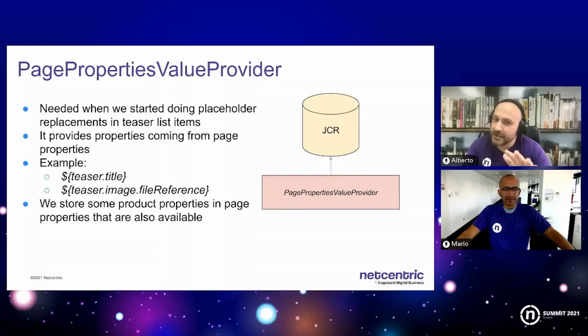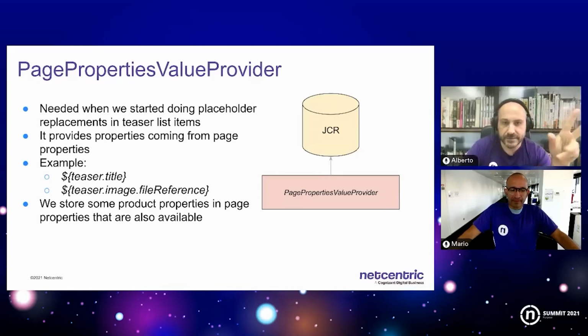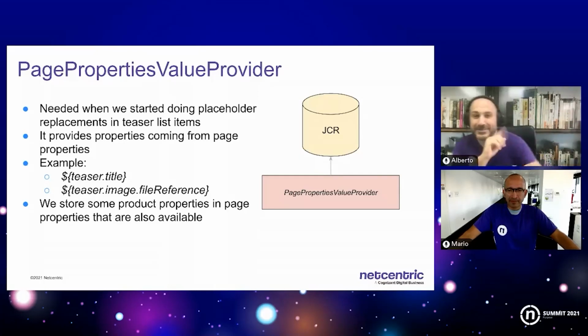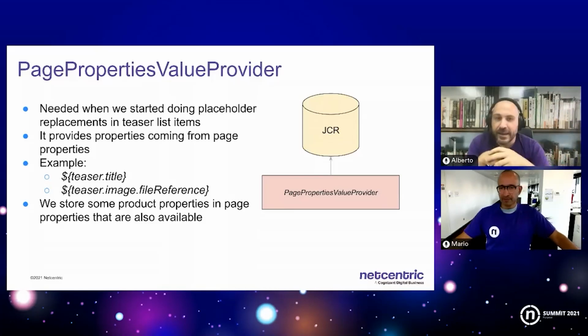So this is a very simple property value provider that receives a page and returns the properties from that page. For example, we have teaser.title and teaser.image.reference. We are doing some special magic in this property value provider. For example, in the last sprint, Victor added an attribute to get the first image of the page for pages that don't have a teaser image.